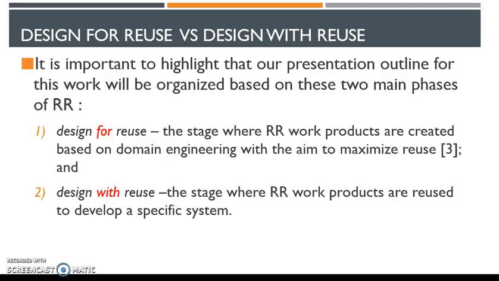In this work, we organize the information based on two main phases of requirements reuse. The first is design for reuse, where the requirements reuse work products are created with the aim to maximize reuse. The second is design with reuse, where the requirements reuse work products are reused to develop specific systems.